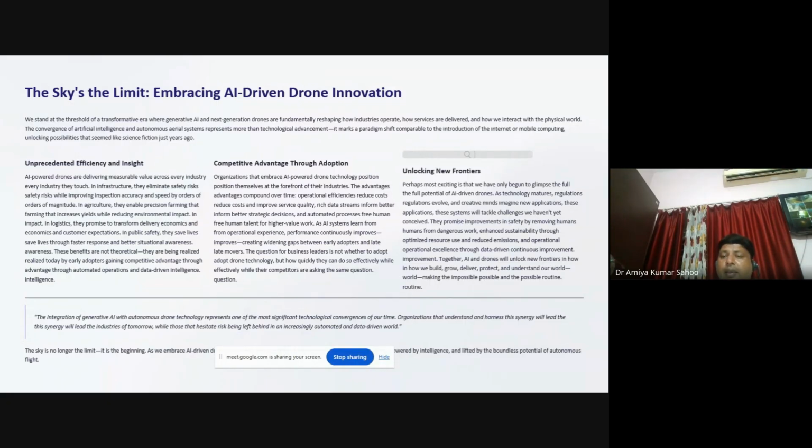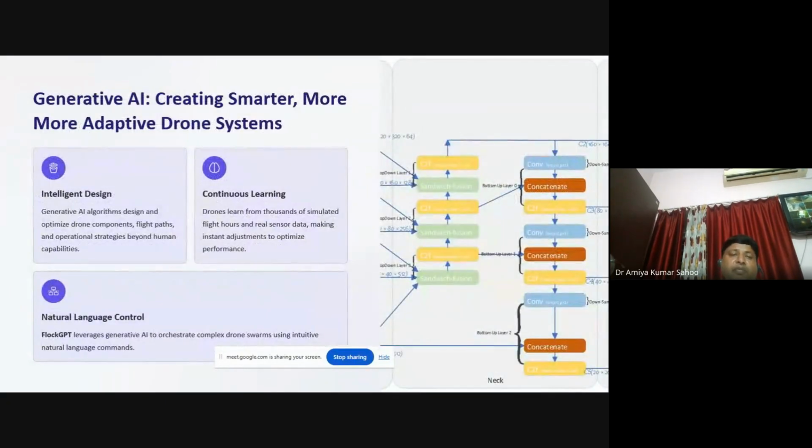Together, AI, Gen AI, and drones will unlock a new frontier in how we build, grow, deliver, protect, and understand our world, making the impossible possible and the possible routine.